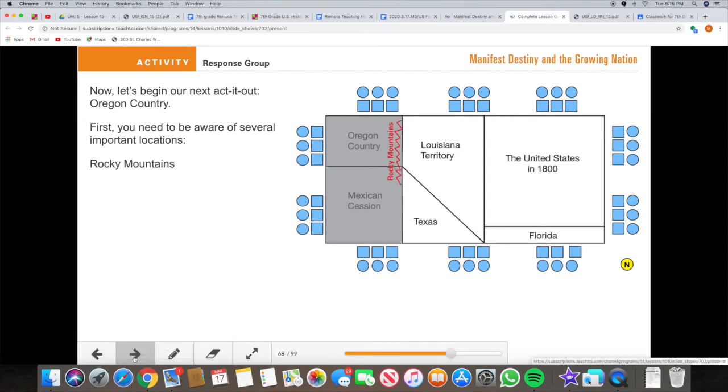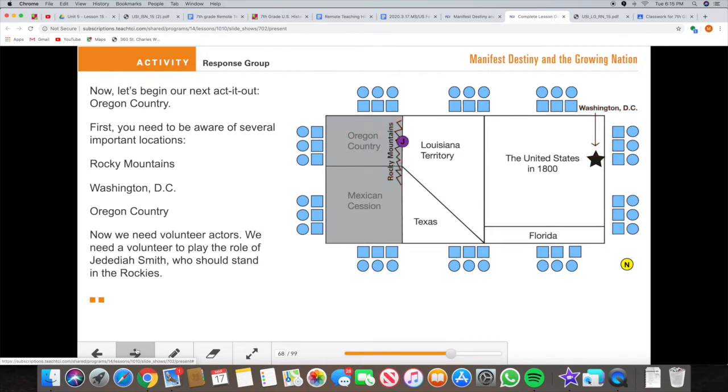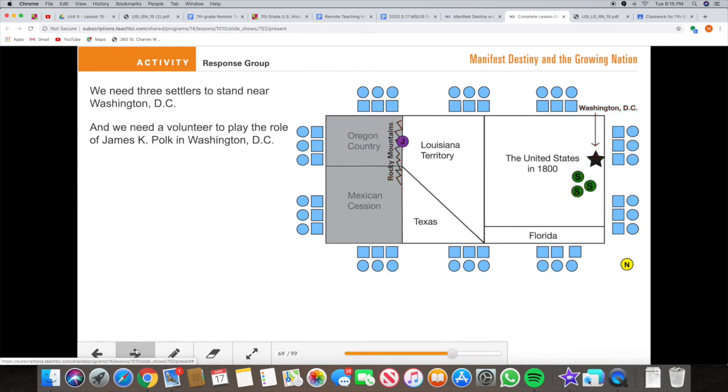So go ahead and draw in, first of all, the square, United States, Florida, Louisiana Territory, Texas, Oregon country, Mexican cession, and then add the Rocky Mountains, add Washington, D.C., add Oregon country. Okay, and then we'll start with the narration.